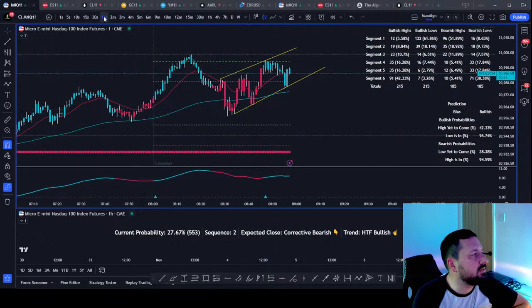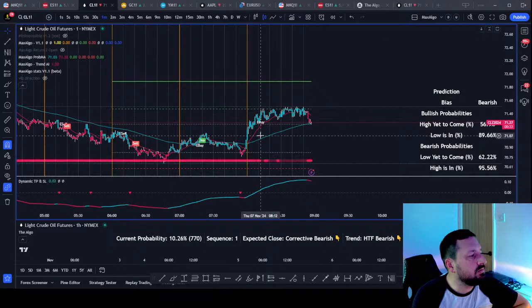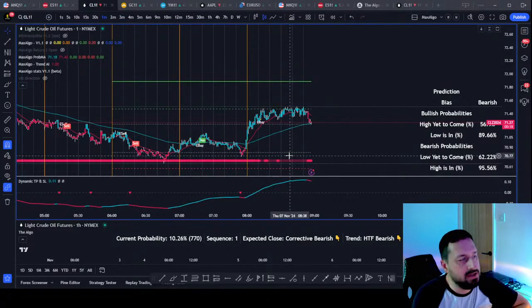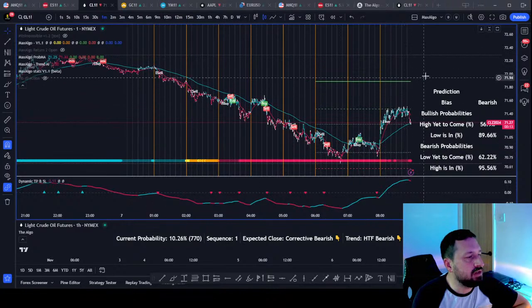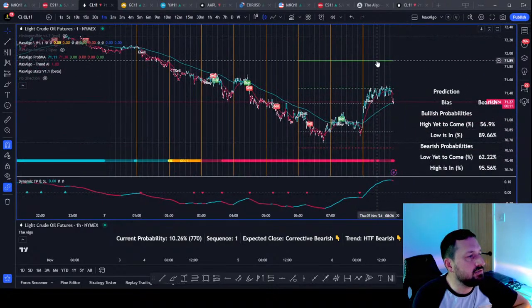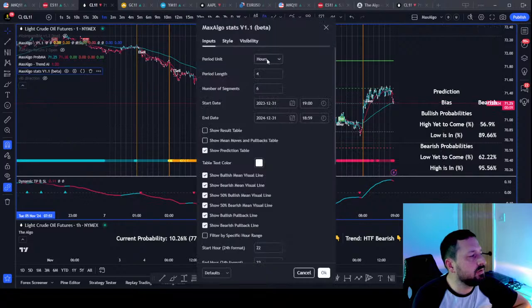Couple of vips. CL's come above. Starting to weaken on the bearish trend. If we can see a transition on CL, we might see some good price action. So our 4 hour, let's go down to the hourly.